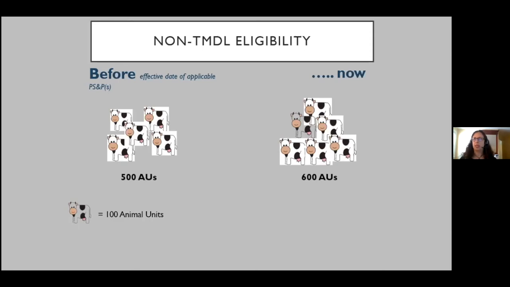So here are some examples of eligibility. In the first example, we have a livestock facility that's been in existence since before the effective date of the performance standard being addressed by the project. During the time since the performance standard went into effect, the facility has expanded from 500 animal units to 600 animal units.